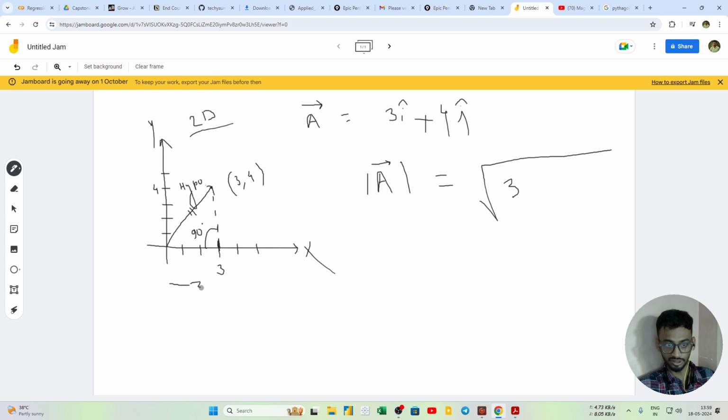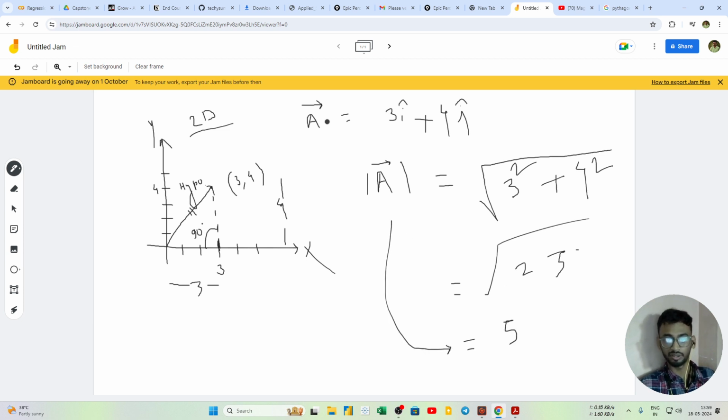This part is 3 units, and this part is 4 units. So 3 squared plus 4 squared, which is equal to 25, and the square root is 5. So the magnitude of the vector is 5. In this way, we have derived the magnitude of a vector, and the base is the Pythagorean theorem.